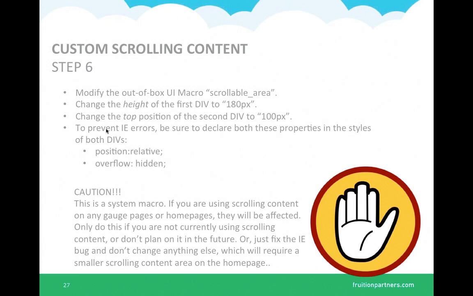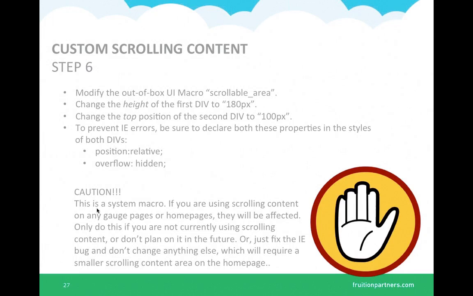One of the changes is just fixing an Internet Explorer bug, which is a harmless change to make and should be done regardless if you're going to be using this. The other ones change the height and top properties to help with this specific example that we're using.